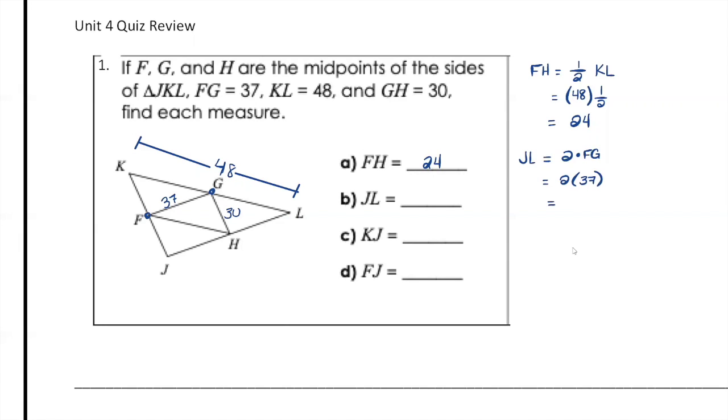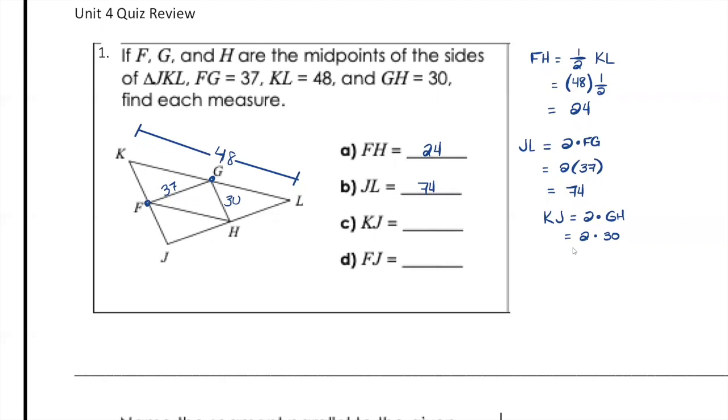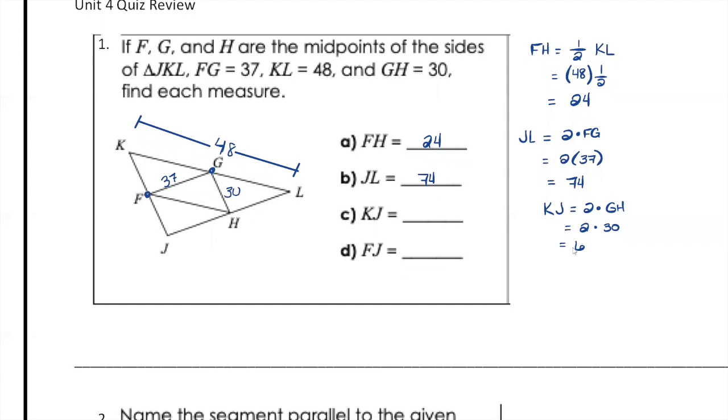So our length is 74. Absolutely. KJ is 2 times the length of GH because that's its midsegment. GH is valued at 30. So the length of KJ is 60.